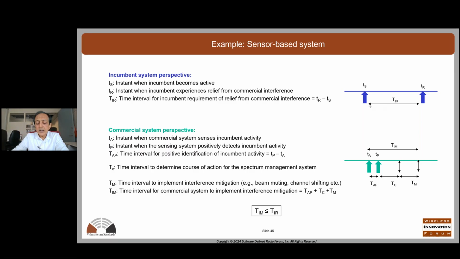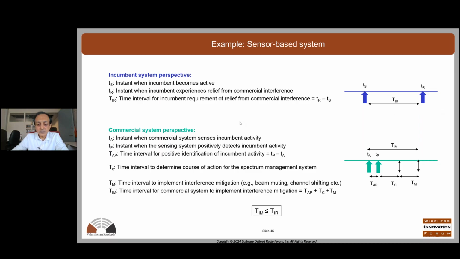And capital T sub IR is the time interval between the two. So there would be some sort of a requirement that once I become active, this is from the incumbent perspective, I must get relief within this time interval. Otherwise, my performance is at risk.